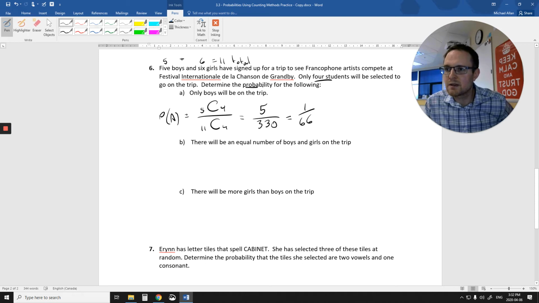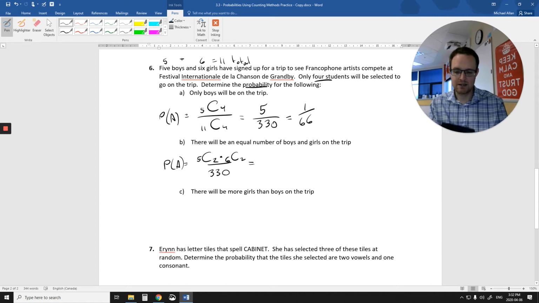What's the probability that there's an equal number of boys and girls on this trip? So of the 5 boys, I want to choose 2. Of the 6 girls, I want to choose 2. And we have the 330 from before. So this is the probability of this happening. I'm just going to punch these in my calculator. That's 10 and that's 15.